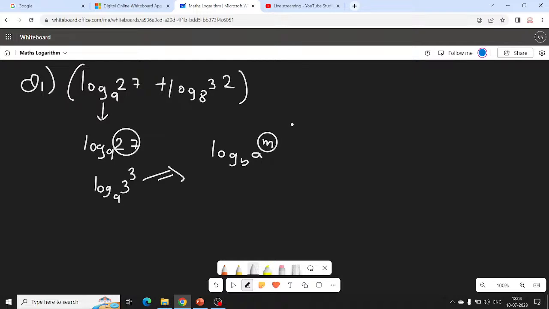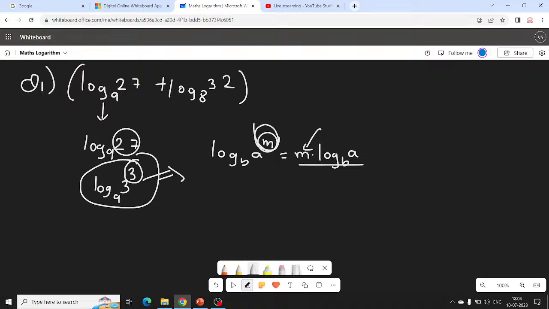What happens to this m? This m will multiply, m into log a to the base b. So whenever something is to the power, it will become multiplication. What is in power here? 3 is in power. So 3 into log of 3 base 9. Did you all understand? Further, if you want to simplify, can I write this as 3 into log 3 to the base 3 to the power of 2, since 9 is 3 squared? Yes, Rahul?